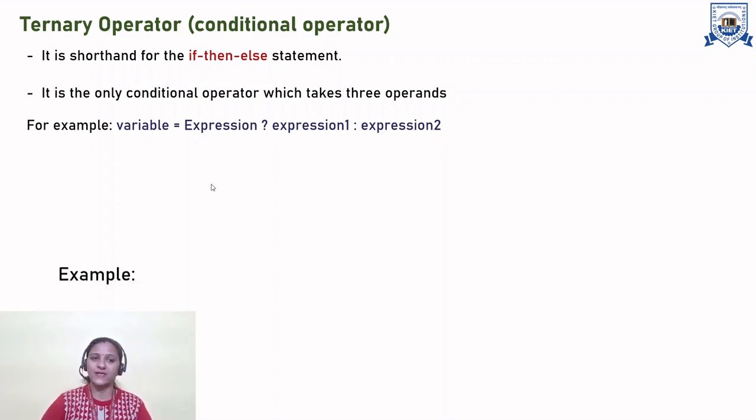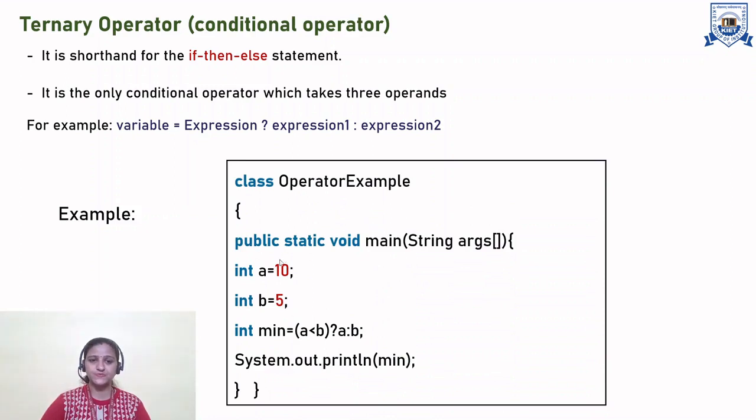Now, for example, A and B. Here we took the expression where we check the condition A less than B. Question mark, we are checking the condition over here. So if the condition is true, meaning when A is less than B, or we can say 10 is less than 5, it is not true.